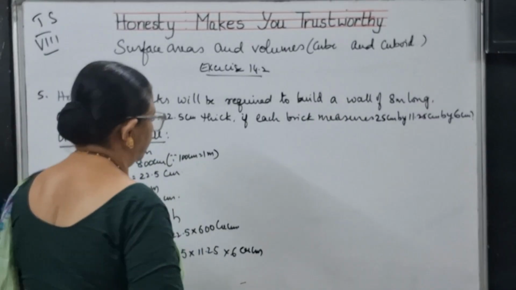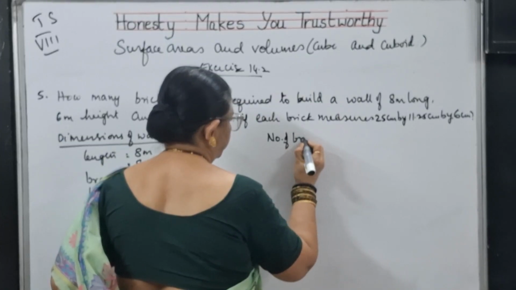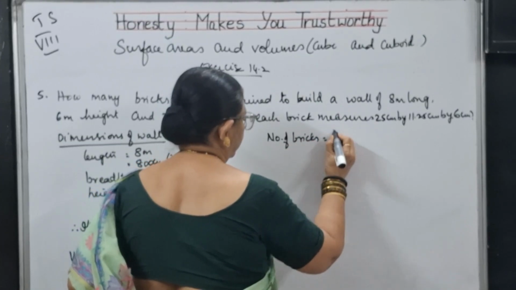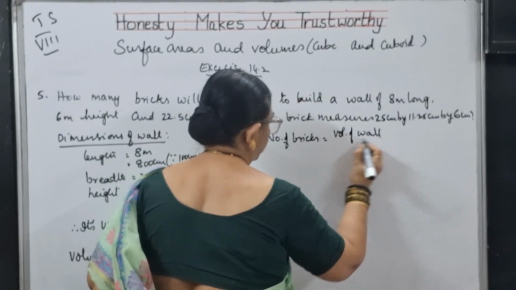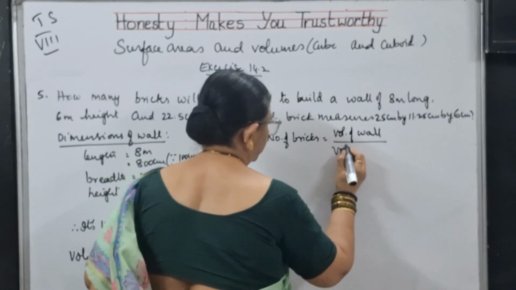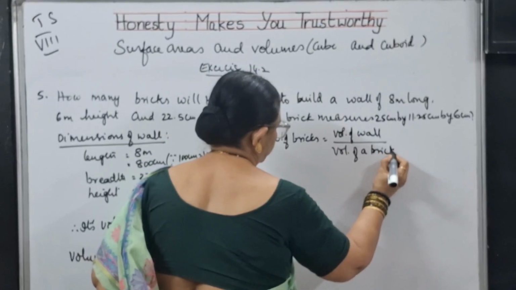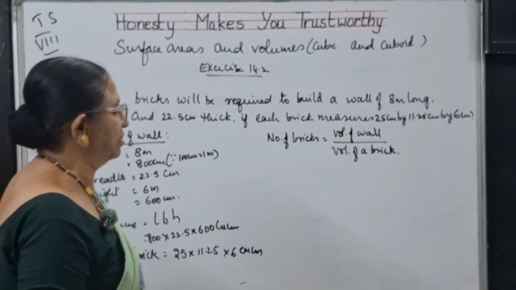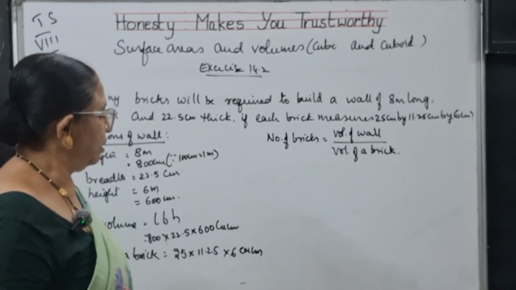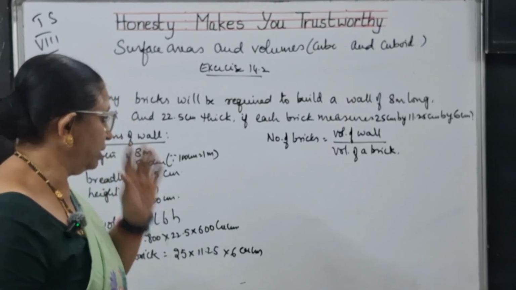Now we need to find out the number of bricks. Number of bricks is equal to volume of wall by volume of a brick. Because one brick has this much volume, to consider that much volume of wall, how many bricks we need, we can find out very easily.